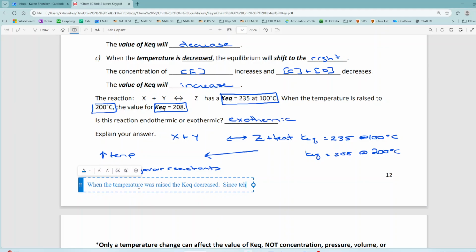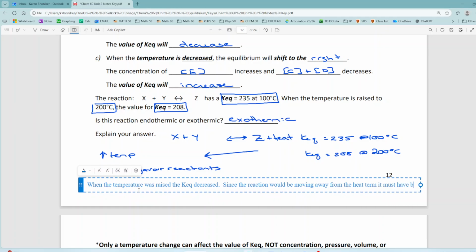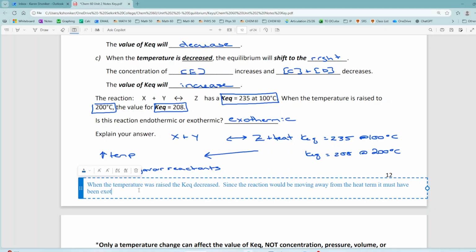Since the reaction would be moving away from the heat term, it must have been exothermic for the reactants to be favored.